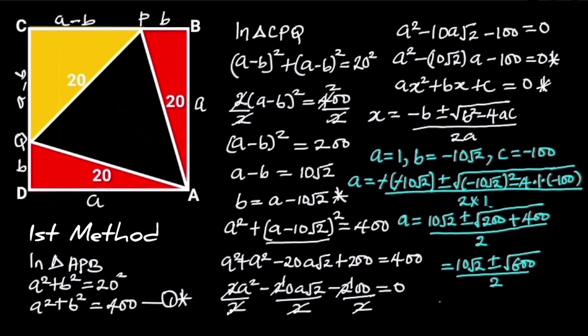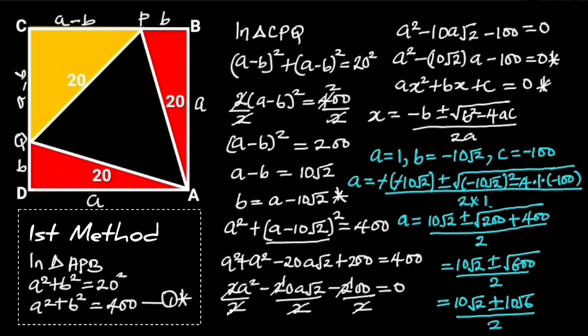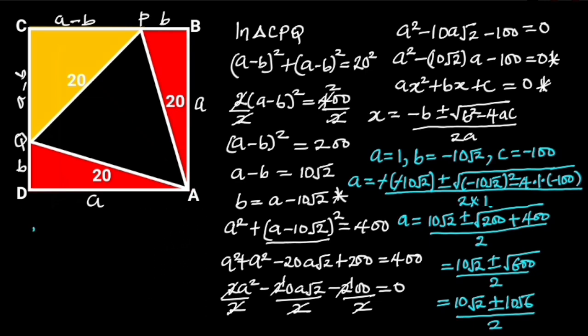So we are left with 10 root 2 plus or minus 10 root 6, all over 2, which can be written as A is equal to 10 root 2 over 2 plus or minus 10 root 6 over 2.